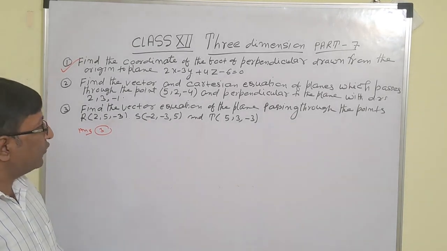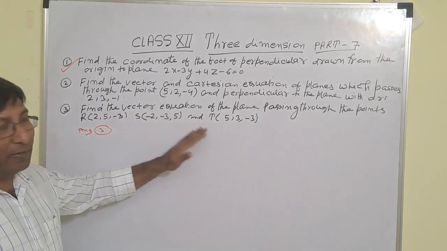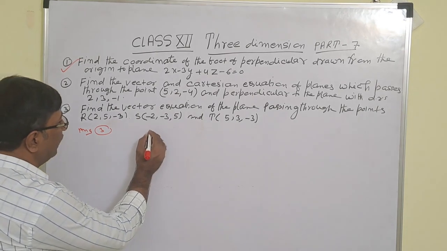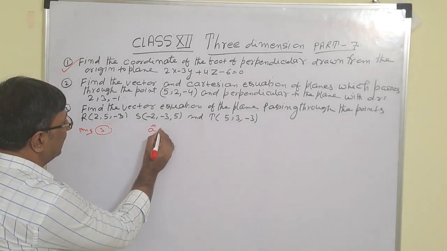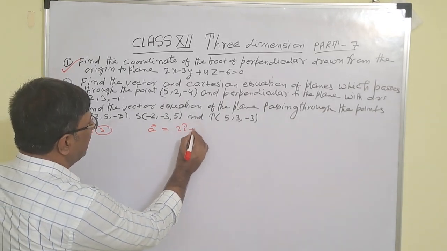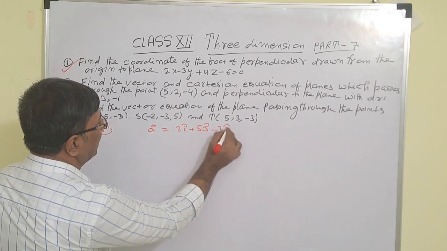For this type of question, first find the position vectors: this is the first point, second point and third point. So the position vector for the point A, suppose this is the a vector. So a vector will be 2 unit vector i plus 5 unit vector j minus 3 unit vector k.